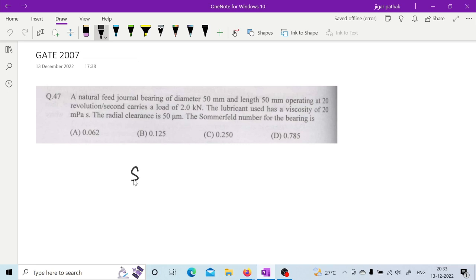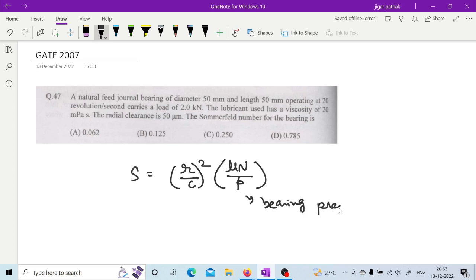Actually this Sommerfeld number is (R by C) square into (mu n by P), right? So this P is the bearing pressure on projected area.